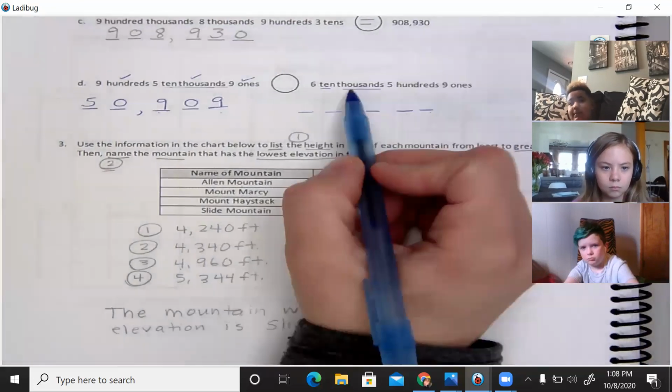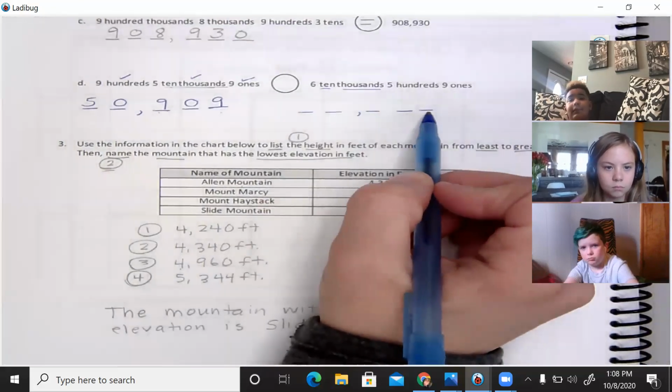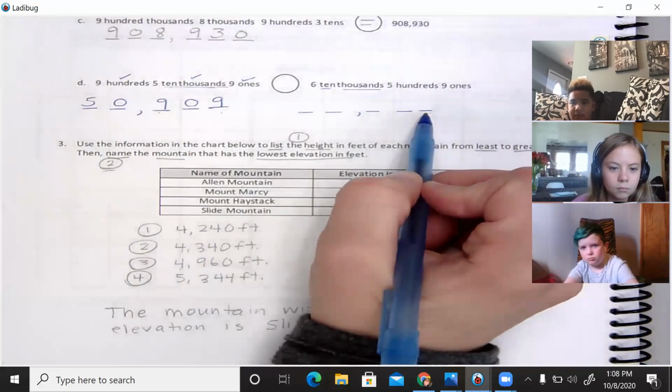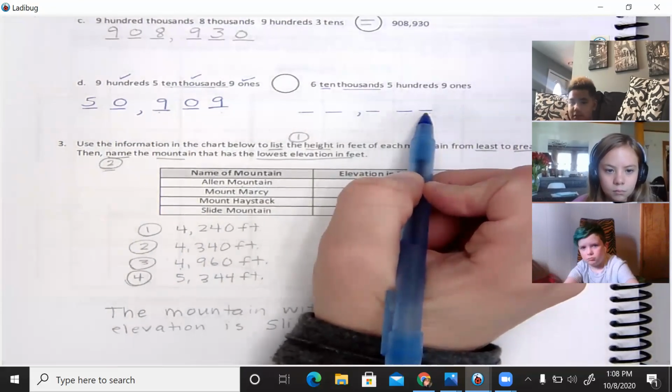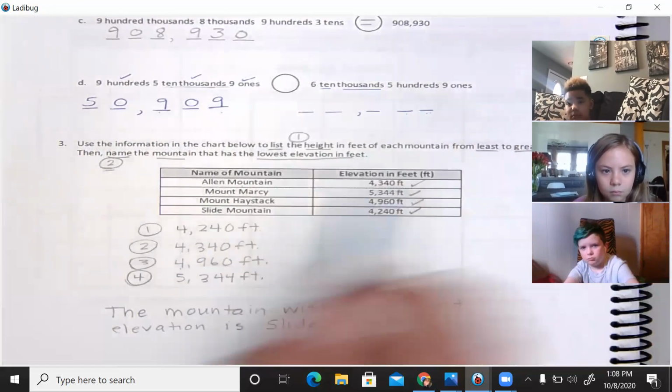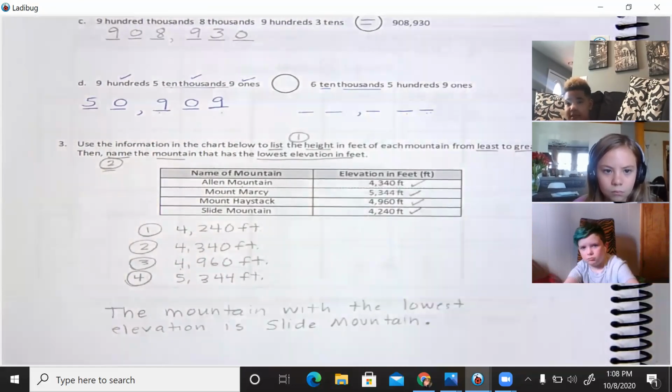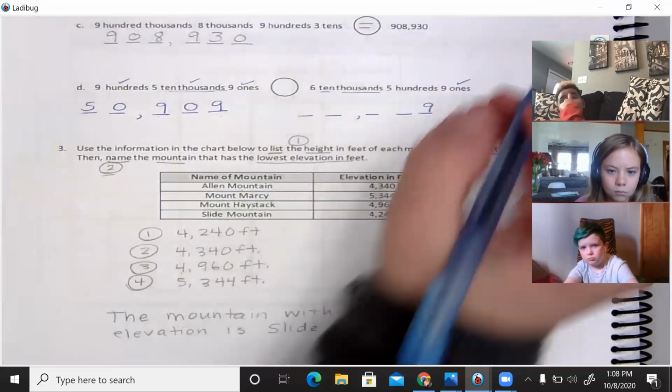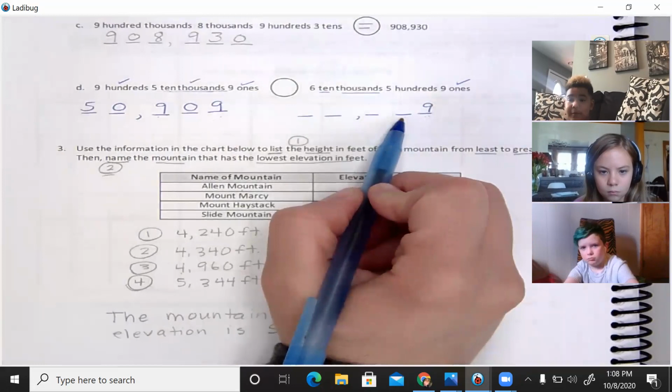Let's go ahead and we'll work our way backwards. We're going to start here. What place value is this, Trace? Ones. In this problem, do I have any ones? 9 ones. Yep. Cross that, check that off. Do I have any tens?